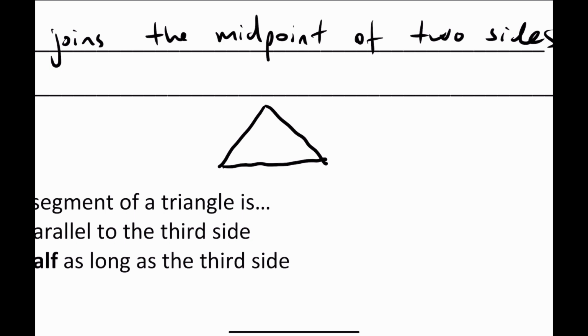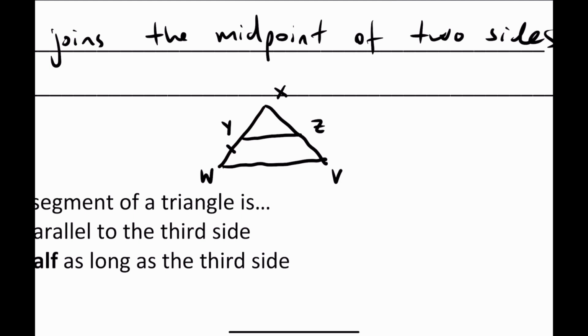So I have a mid-segment over here. Okay, so we're gonna call this X, Y, Z, and then here's W, V. If this is the mid-segment and this is the midpoint here, that's going to split this segment into two congruent parts.